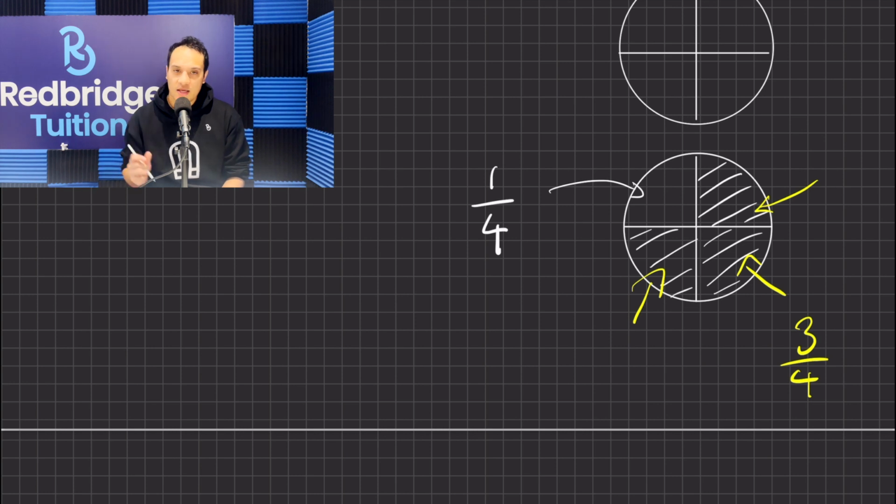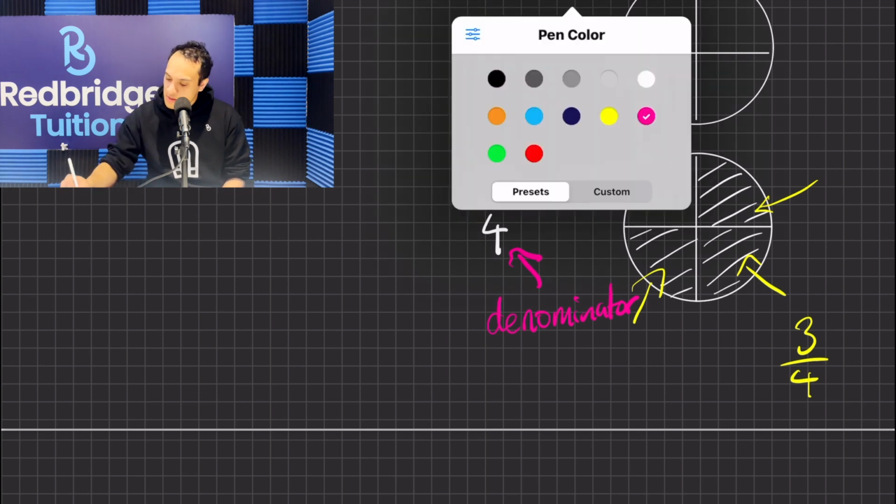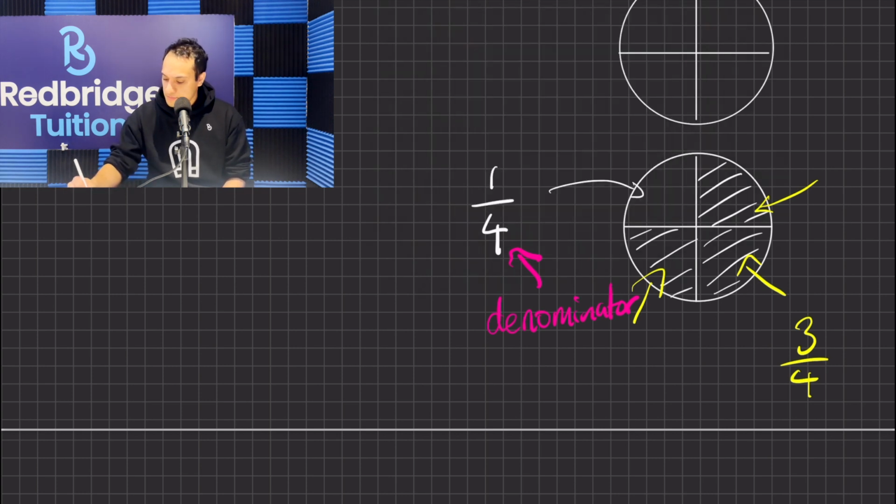Now, some key words that we need to remember for dealing with fractions. This bottom number is the number of parts that we have, and that is called the denominator, not the dominator, which is what some children call it, the denominator.